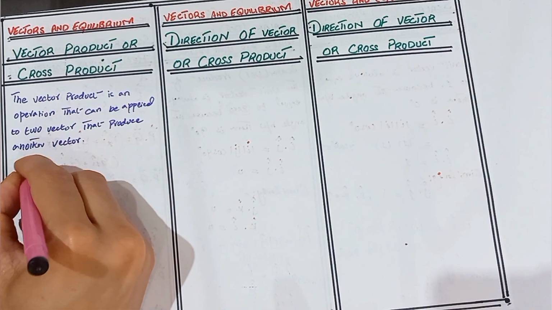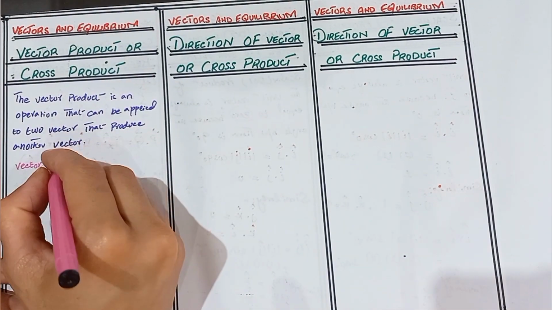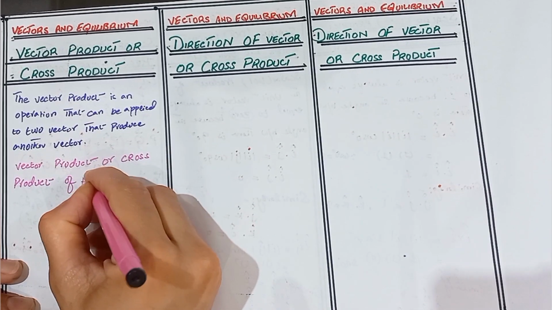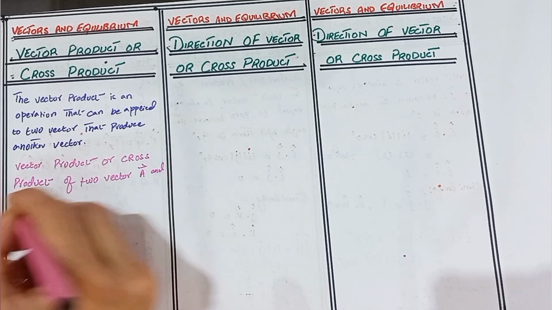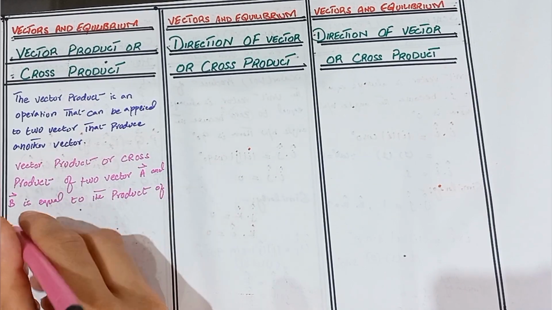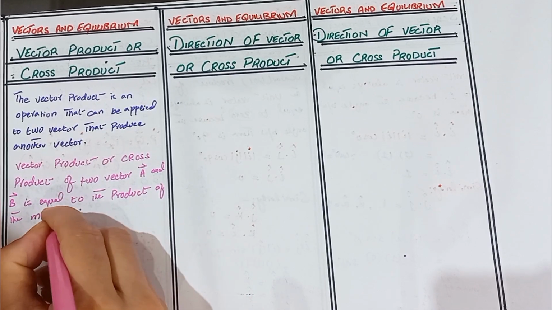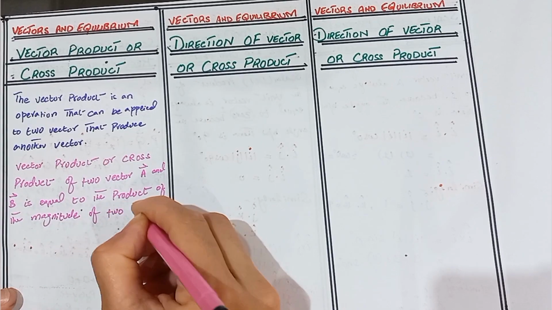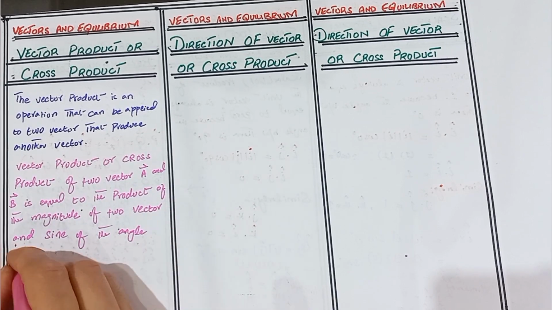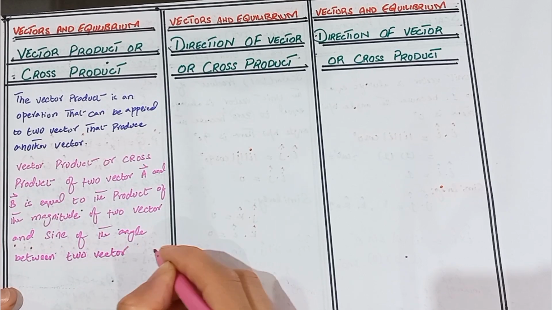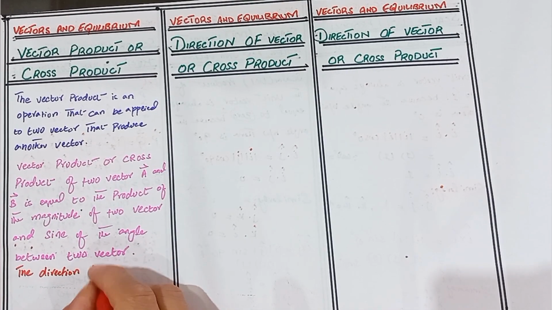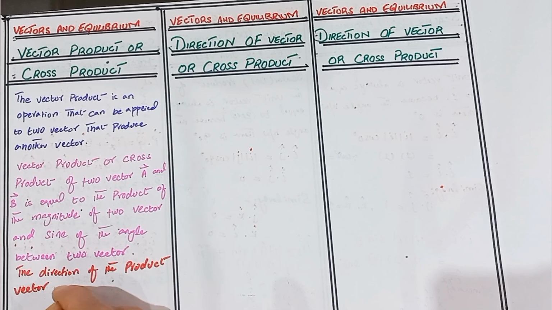We also write its definition. The vector product or cross product of two vectors A and B is equal to the product of the magnitudes of the two vectors and the sine of the angle between the two vectors, along with the direction of the product vector.